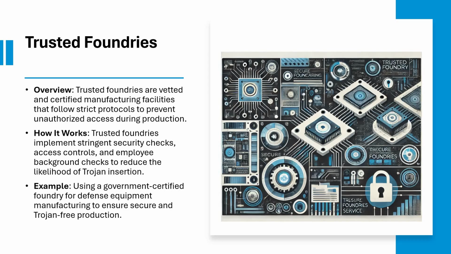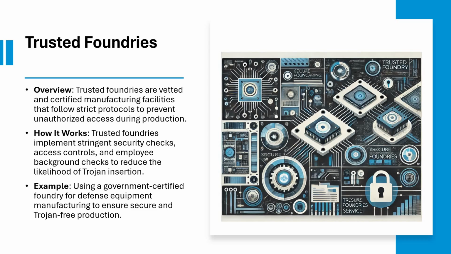The second very important thing we can look into is the trusted foundries. What are they? They are nothing but vetted and certified manufacturing facilities. These facilities are trustable. They follow strict protocols, and through the strict protocols, intrusion or unauthorized access during the production stage is avoided. Trusted foundries implement very stringent security checks.